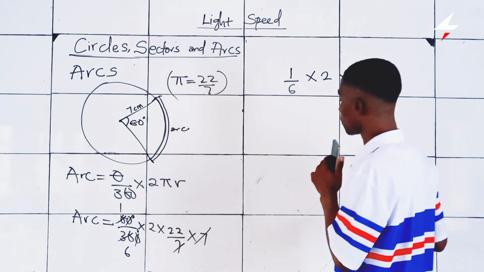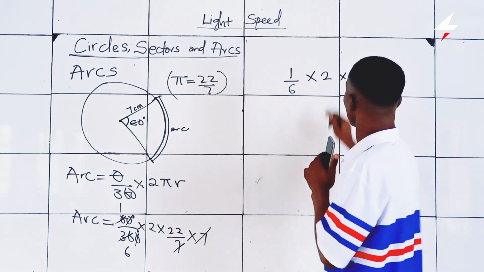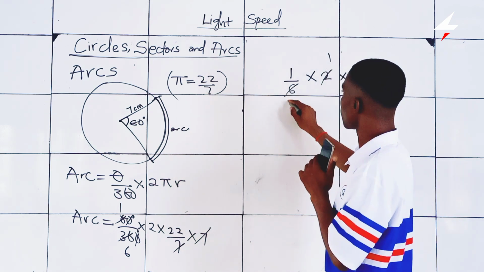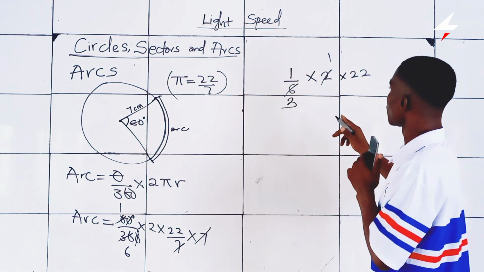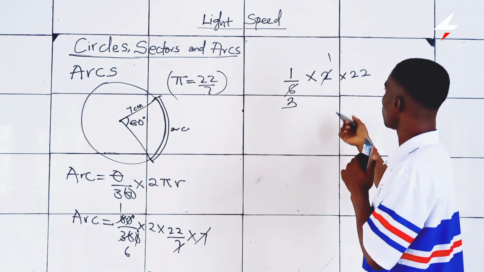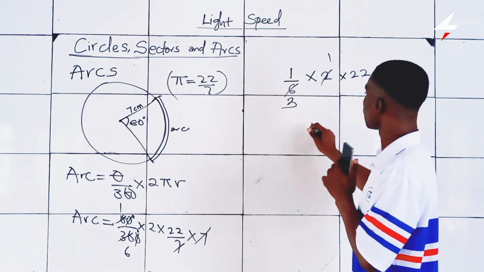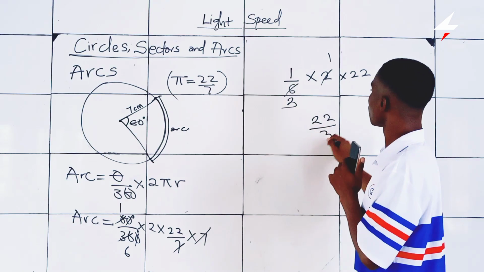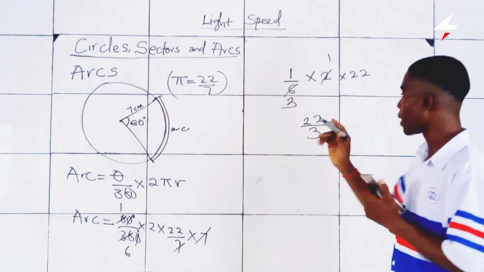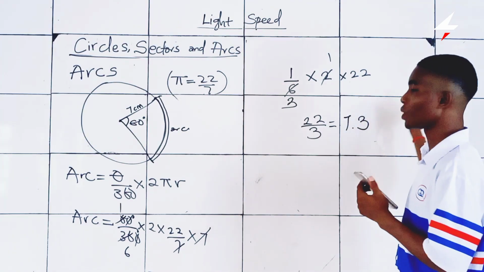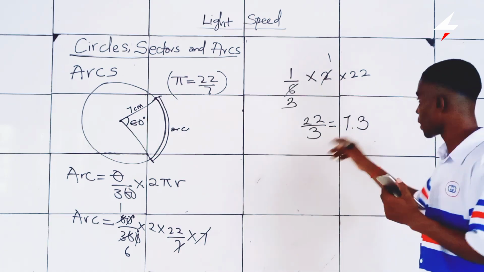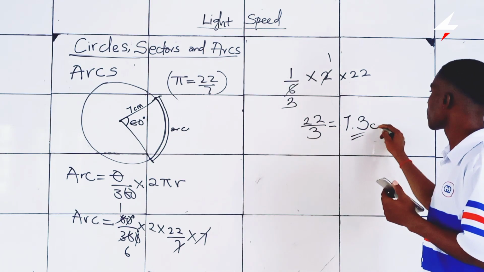When 2 is here, it becomes 1. When 2 goes into 6, we have 3 left. So 1 times 1 is 1, and we have 22 over 3. That gives us a value of 7.333 with the 3 recurring. So we approximate and get 7.3. That's the final answer, in centimeters.